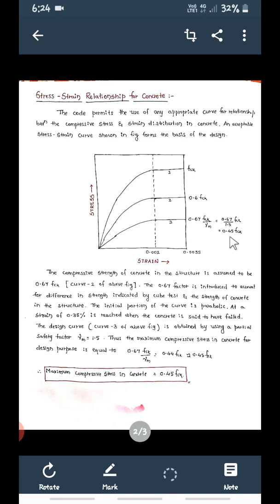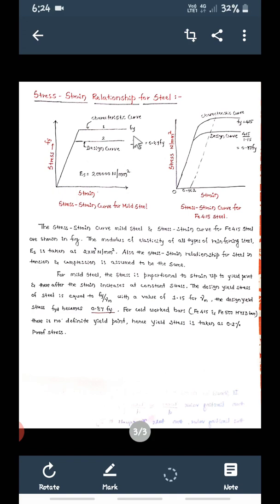We get the maximum stress in concrete at the time of failure. Similarly, Fy, the characteristic strength or yield strength of steel, divided by the partial safety factor 1.15, gives the maximum stress in the steel bar, 0.87 Fy.